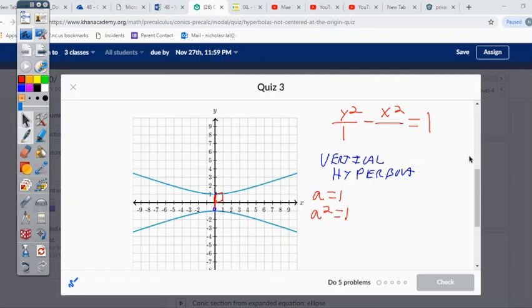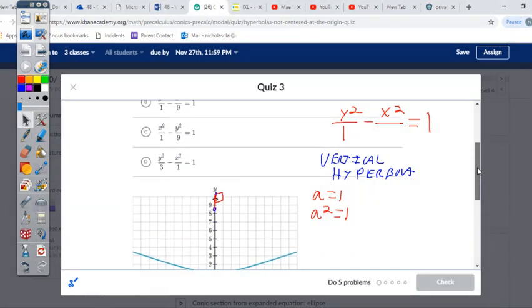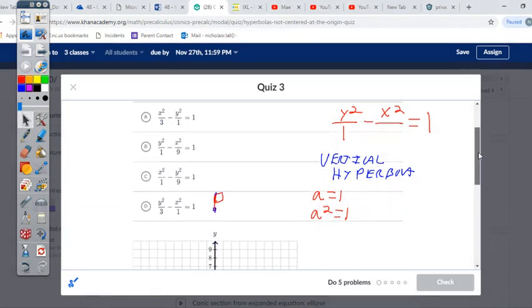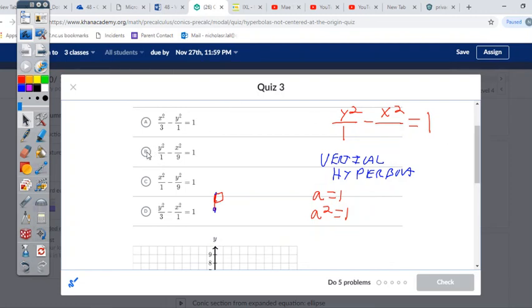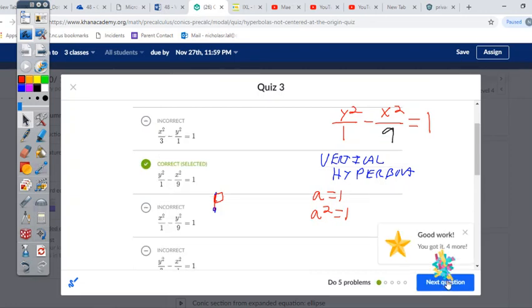So let's see if we can get that definite. All right, y squared over 1 minus x squared over 9. So we know this is option B because we know it's vertical and that the distance from the center to the vertices of the hyperbola is 1.